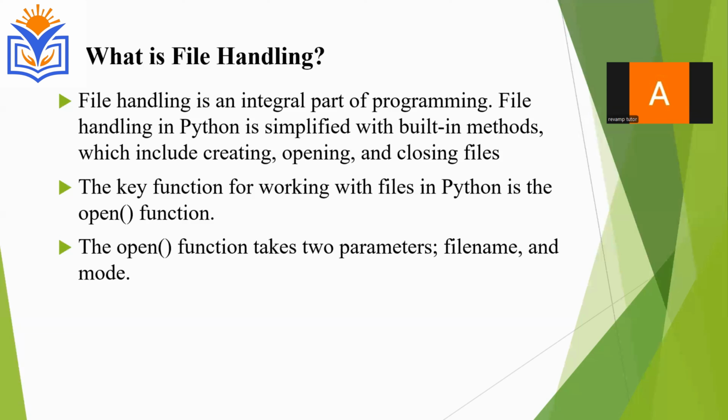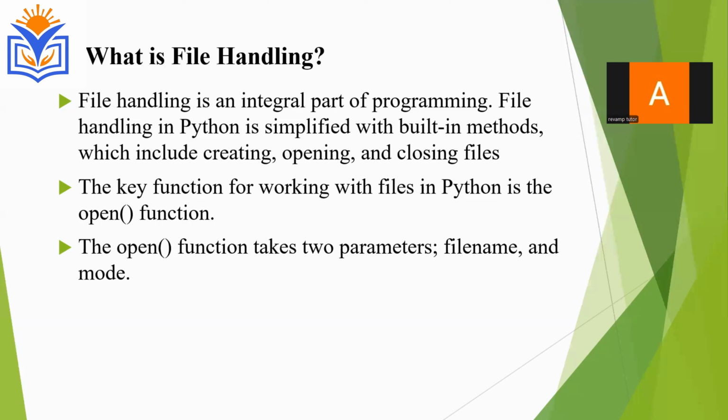for working with files in Python is the open function. So handling of the file in Python is done in different ways: creating, opening, closing, and one of the most important key functions is opening a Python file. In the open function, we have two parameters.